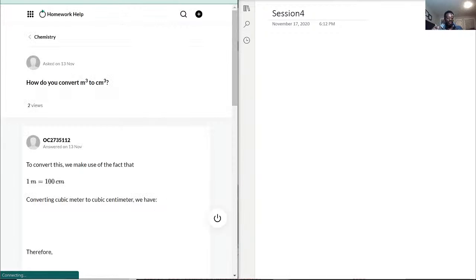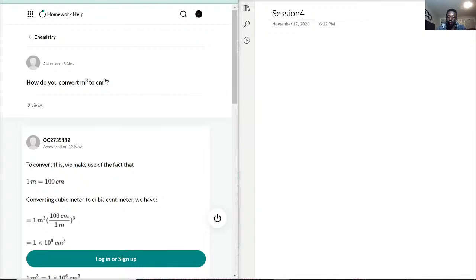As you can see here, our first question for the evening is, how do you convert meters cubed to centimeters cubed? With that, in terms of these questions, we need to make sure that we understand how we get cubed.